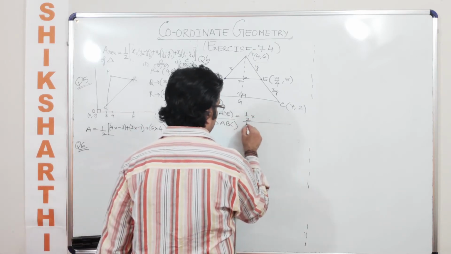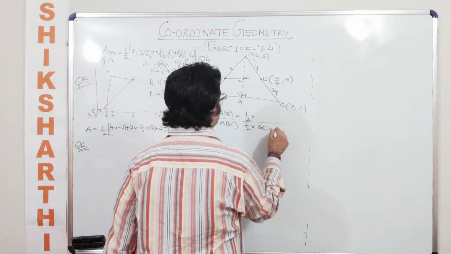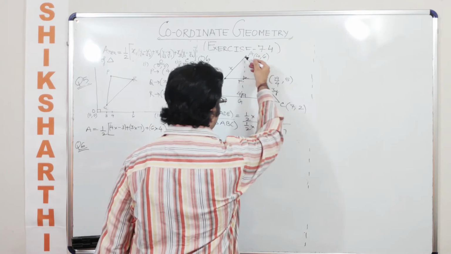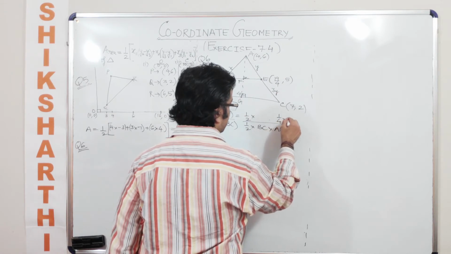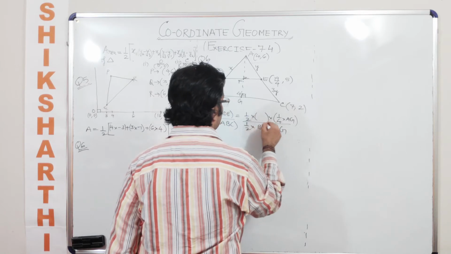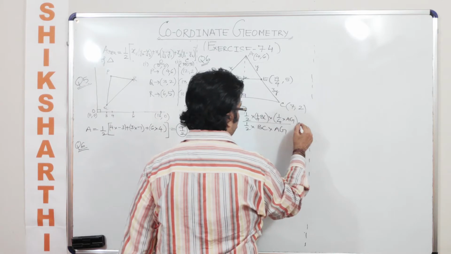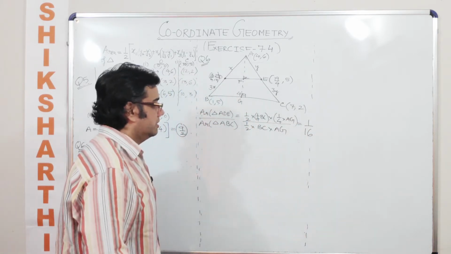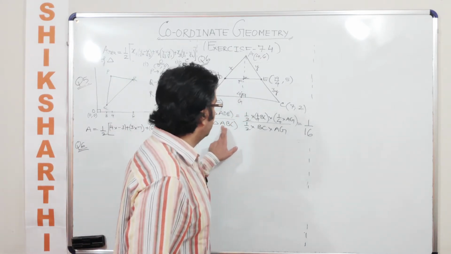Now the base for this is BC into the height, which is AG. Here the height is AF, which is 1/4 of AG, right? And here the base of this triangle would again be 1/4 of BC. So eventually you will say that the ratio of their areas would be 1/16.